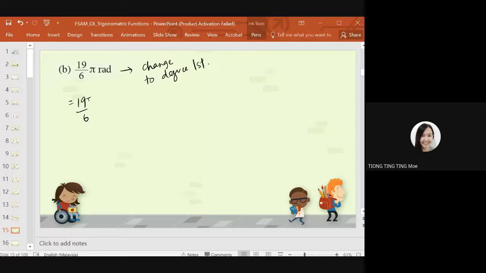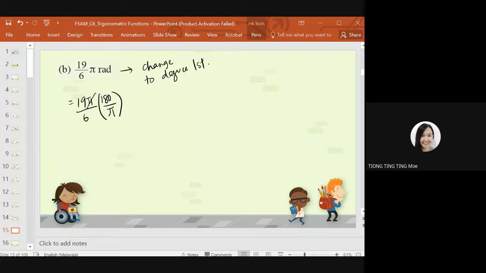Radian change to degree is pi atas atau pi bawah, 180 above or 180 below. Radian to degree, so bigger, right? Bigger is 180 above loh. Okay, 180 di atas supaya nilai dia akan bersama. Dan bawah itu pi lah.